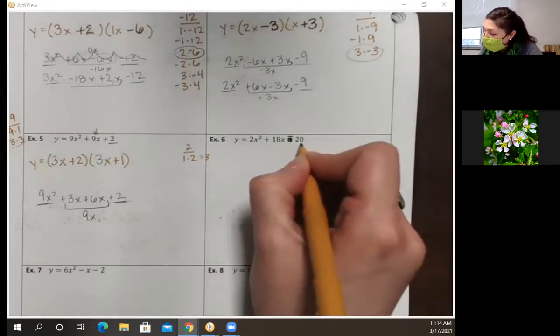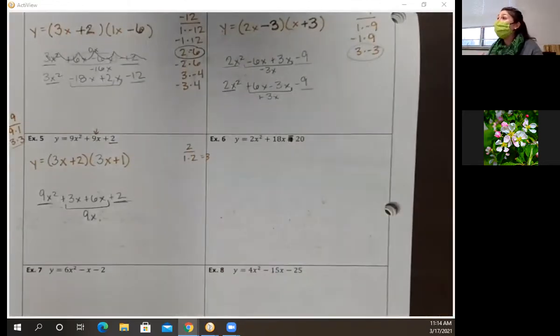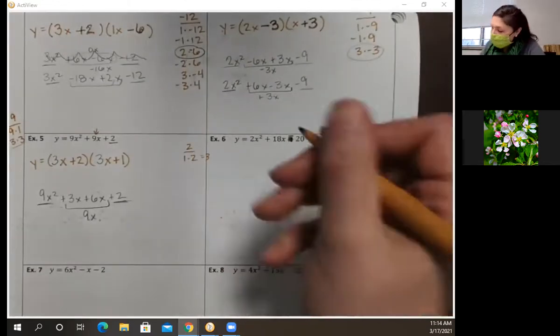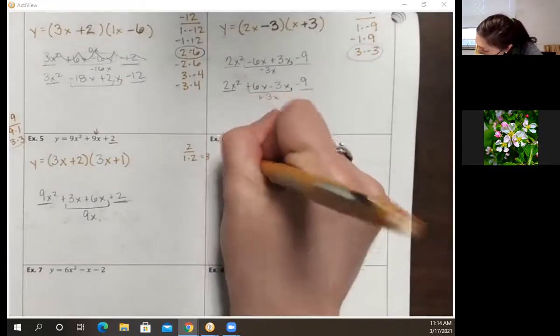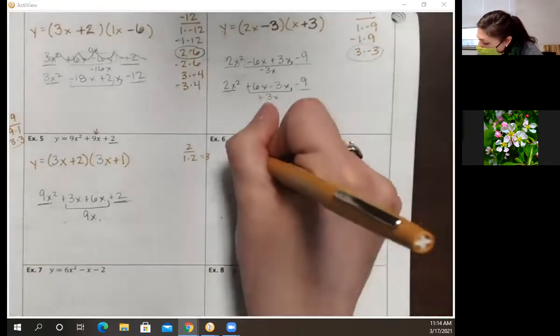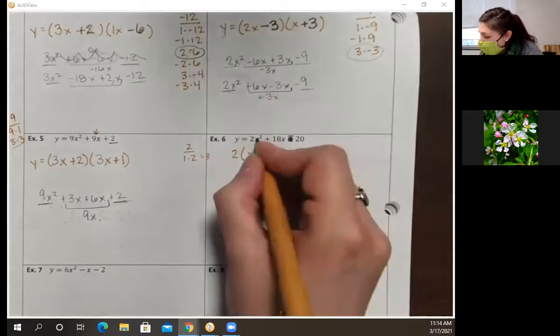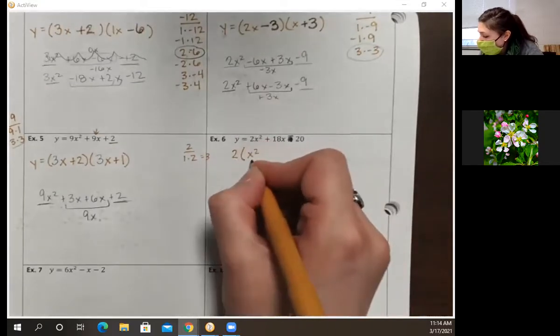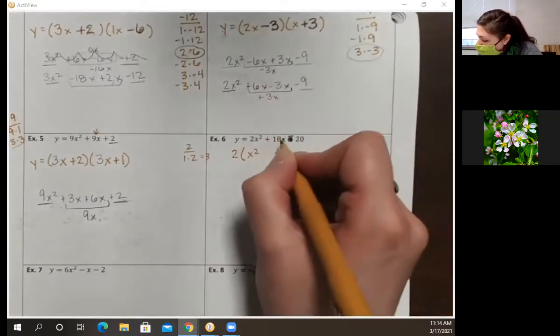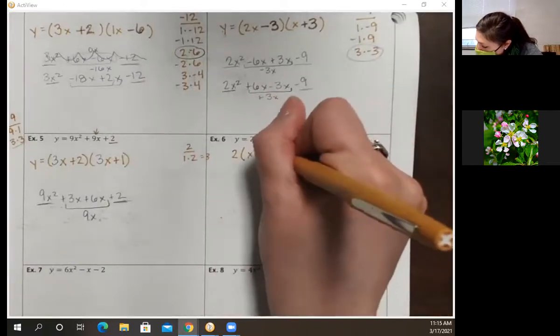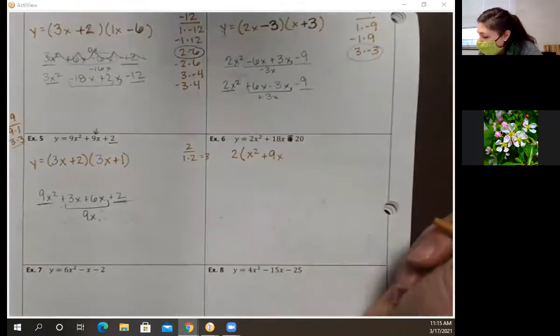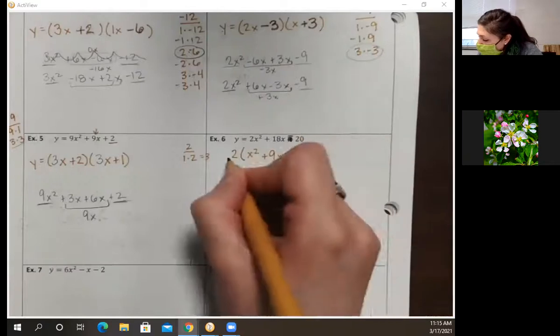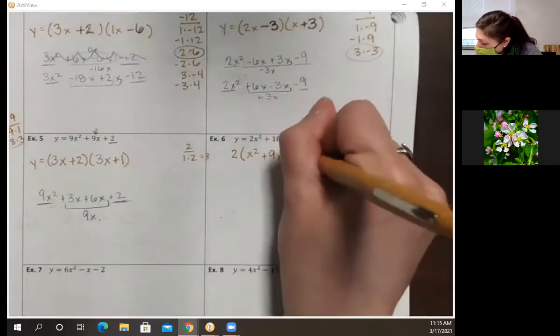My other terms are divisible by 2, so we get to pull the 2 out as the GCF. That would leave me with x squared, since 2x squared divided by 2 is x squared. And then 18x divided by 2 would give me 9x. Negative 20 divided by 2 would give me negative 10.